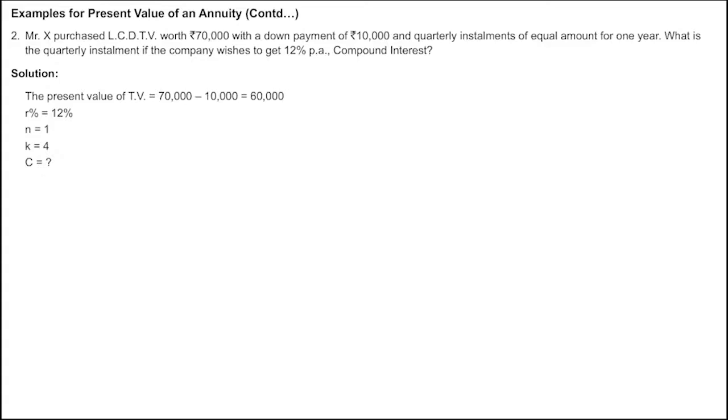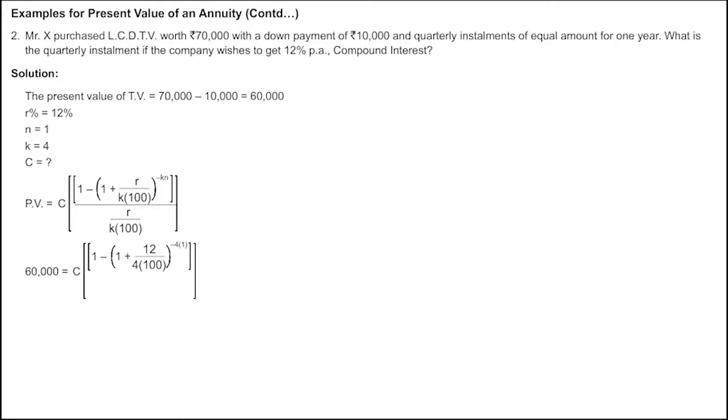Again, we use the same formula for present value. Here present value is 60,000. So you have 60,000 on the left hand side and on the right hand side C is unknown, and inside the bracket you will have in the numerator 1 minus (1 plus 12 upon 4 into 100) whole raised to the power minus 4 into 1.